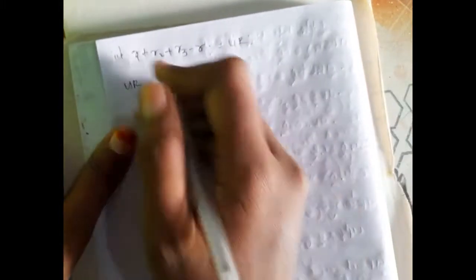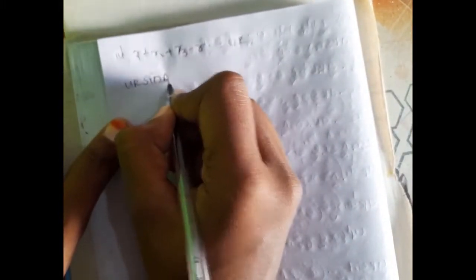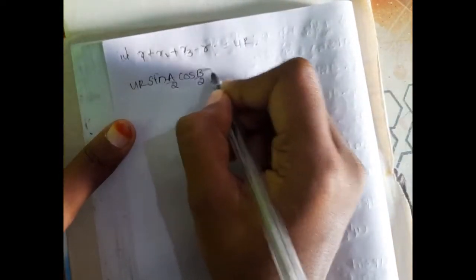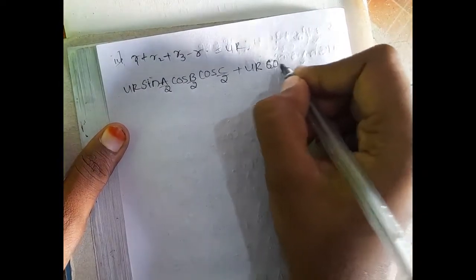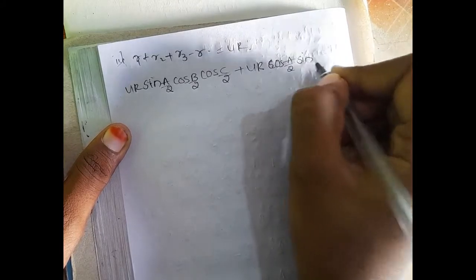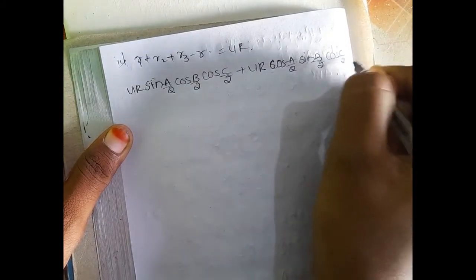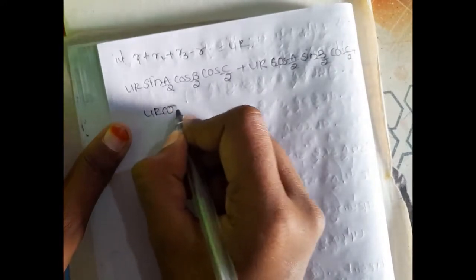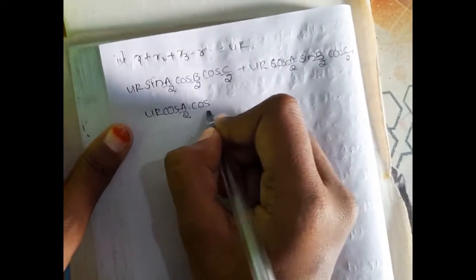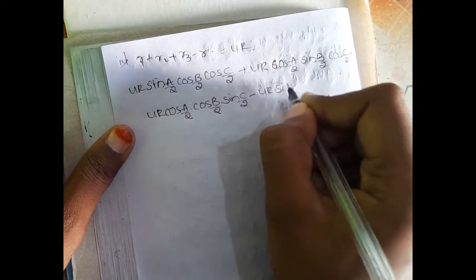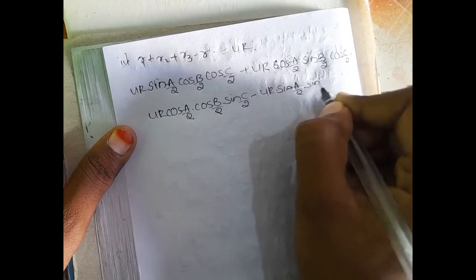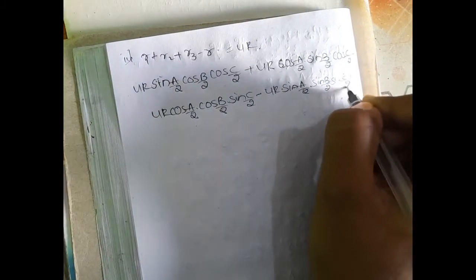Okay, so what is r1? 4R sin(A/2) cos(B/2) cos(C/2) + 4R cos(A/2) sin(B/2) cos(C/2) + 4R cos(A/2) cos(B/2) sin(C/2) − 4R sin(A/2) sin(B/2) sin(C/2).